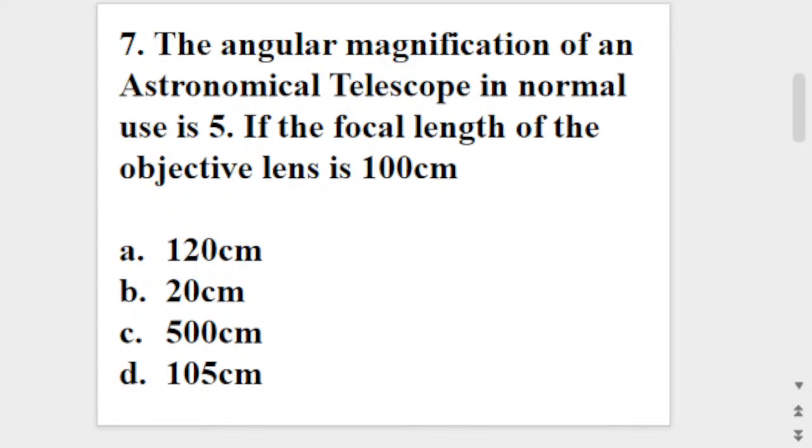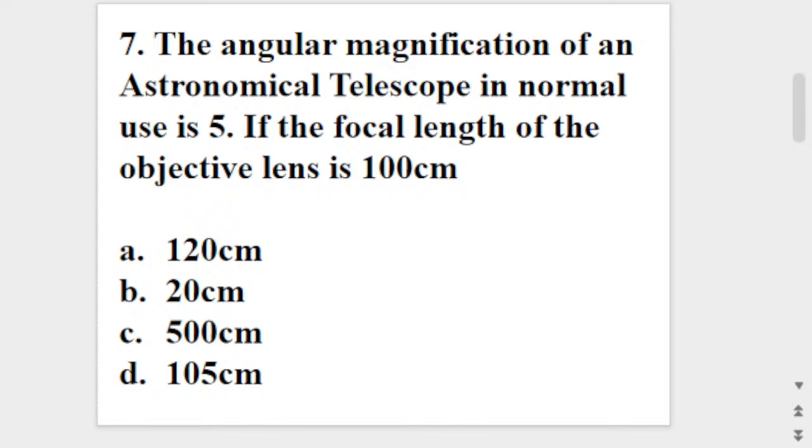It's as simple as that. Please do take note of this formula: M, the angular magnification, is equal to FO, the focal length of the objective lens, divided by FE, the focal length of the eyepiece lens. So please take note of that.